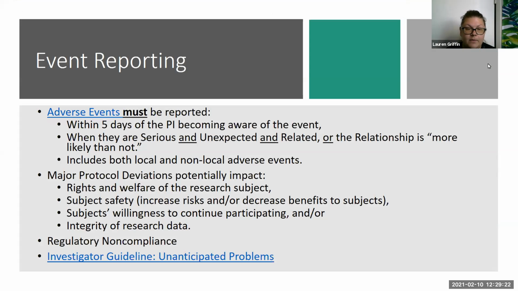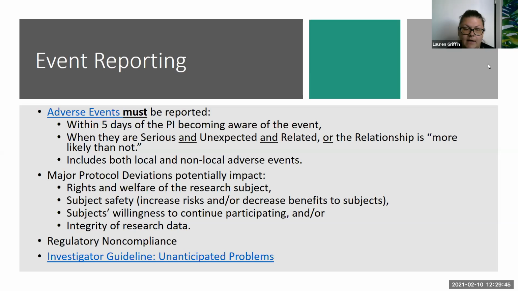We also deal with event reporting. This is also done in myIRB. So adverse events need to be reported within 5 days of the PI becoming aware of them. This is when they're serious and unexpected and related, or the relationship is more likely than not. We have guidelines of all of this that gives a lot more information and a lot more detail about what constitutes an adverse event.